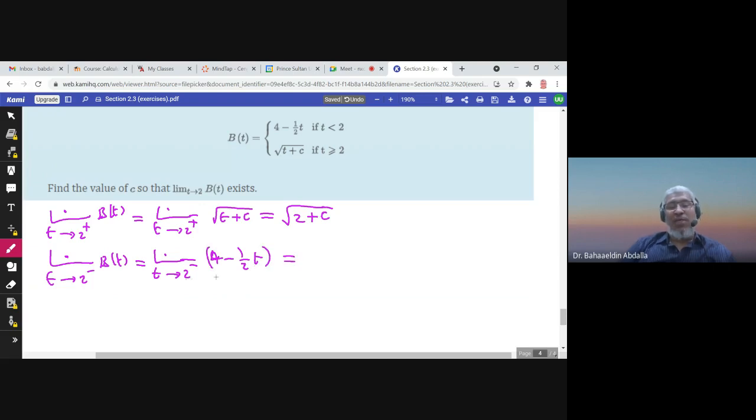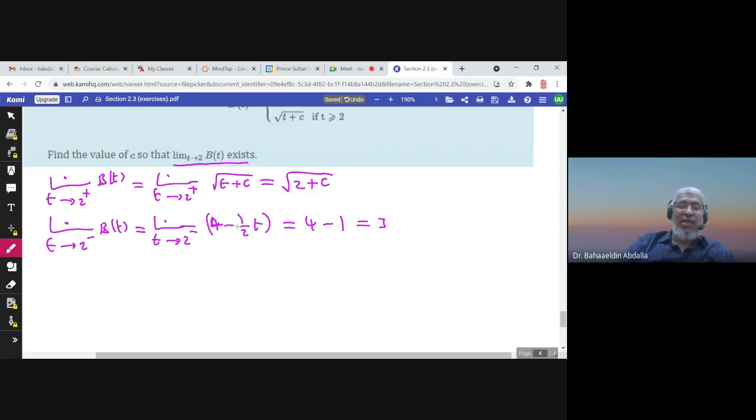Now we replace t by 2 to get 4 minus half times 2 is 1, so this is 3. Now if we want the limit of b of t to exist, then the limit from the right should equal the limit from the left. So square root of 2 plus c should be equal to 3.